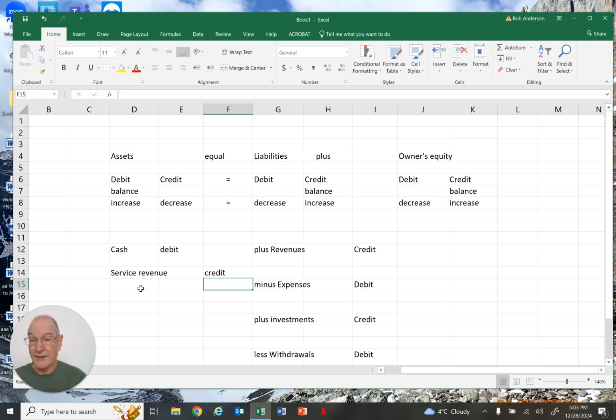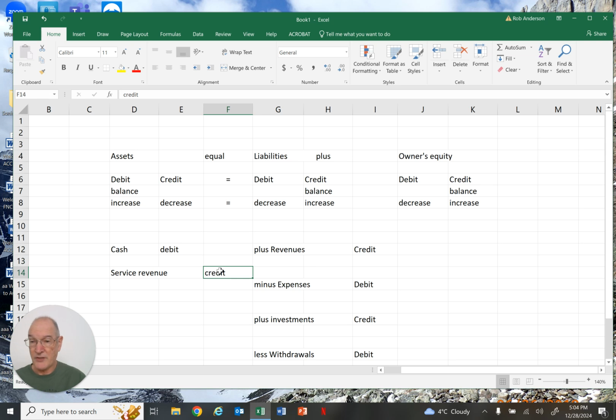Now, if we did that 10 more times, then every time we earn revenue, the service revenue account goes up and up and up with more credits. And maybe at the end of the month or even the end of the year, we add those up and we allocate them to the owner's account or the owner's equity.